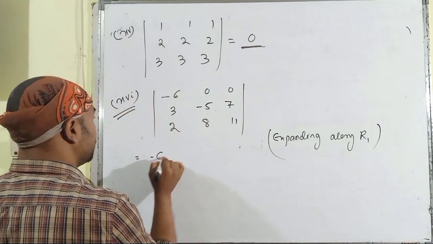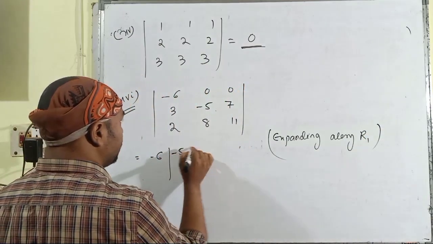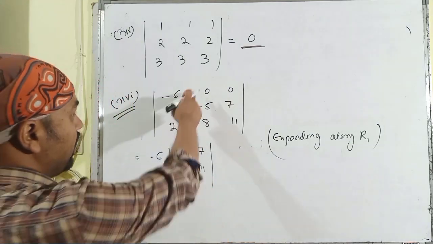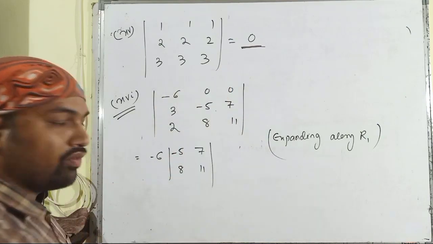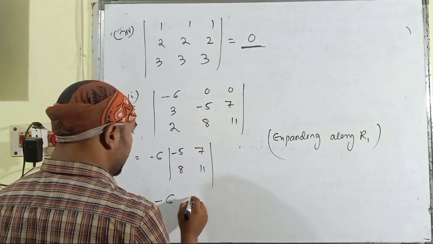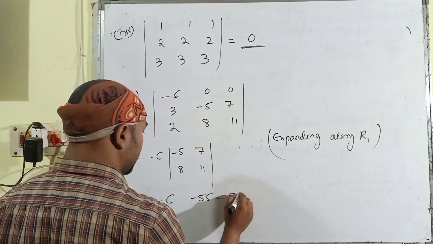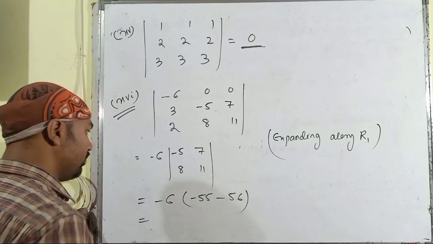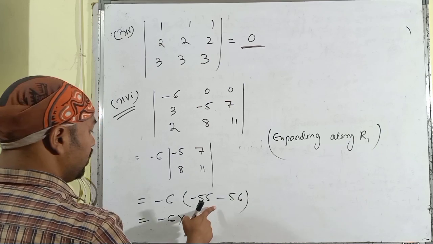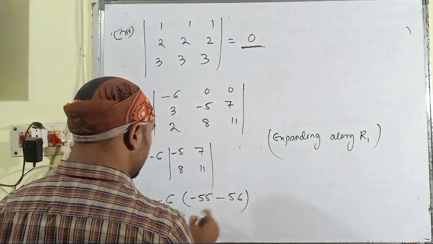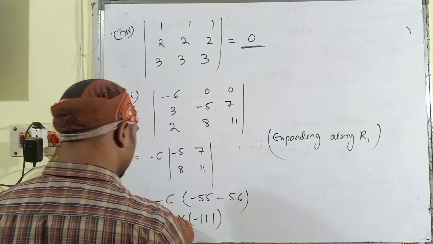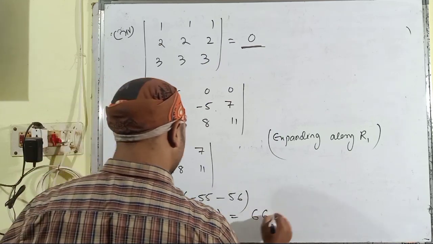We have minus 6 multiplied with the determinant of minus 5, 7, 8, 11, and then we exclude minus 0 plus 0 because it will not affect our answer. So it is minus 6 multiplied with minus 55 minus 56. Then you just have to find out the answer of this, and this is 666.